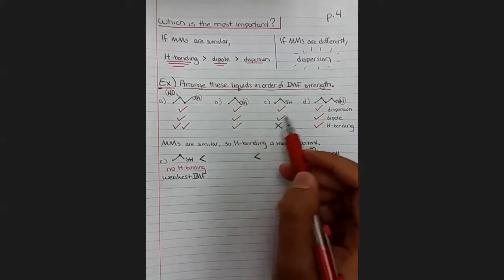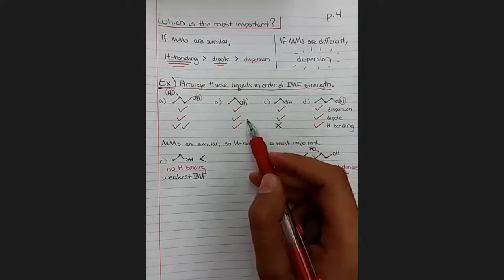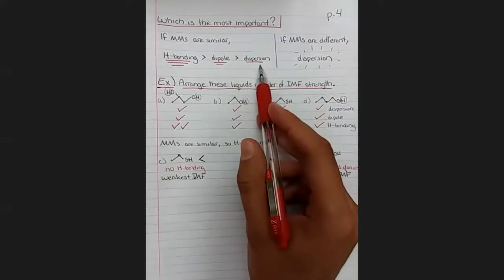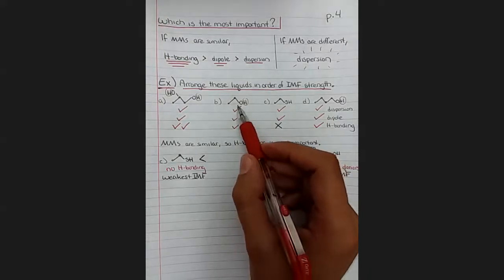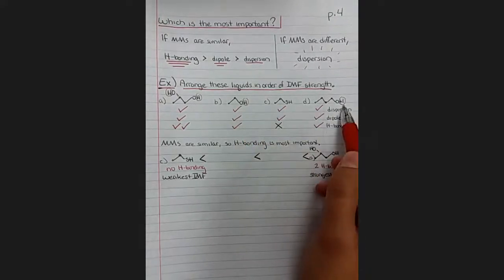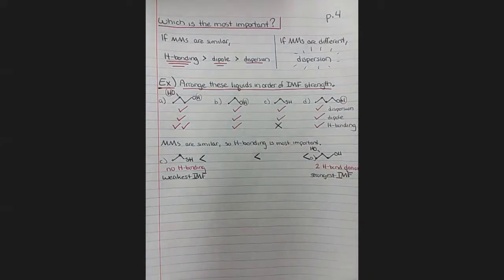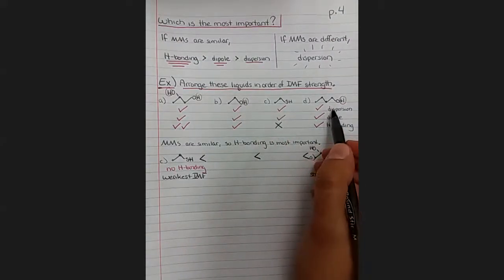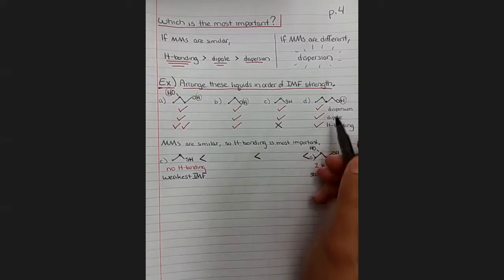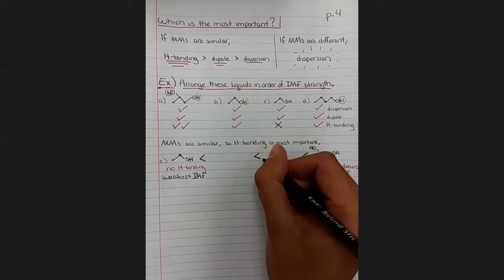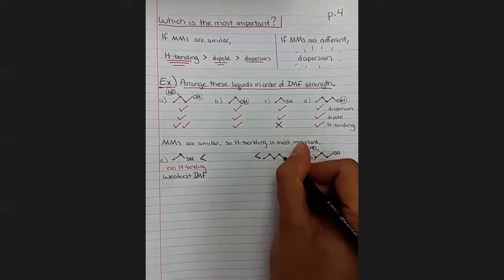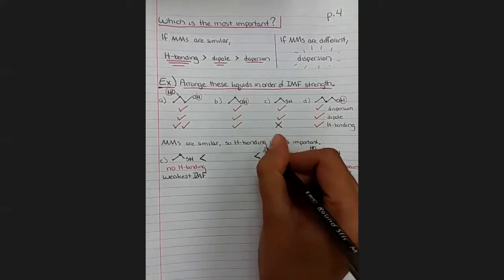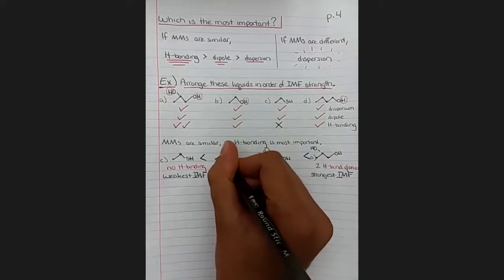If we look at the dipole, they're fairly the same strength, pointing in the same direction, so we're left with dispersion forces. And dispersion forces are greater in the heavier one, and we can see that molecule D is bigger than molecule B. And if you are bigger, you have more dispersion forces, you are going to be stronger than the other. So molecule D is going to be greater than molecule B.